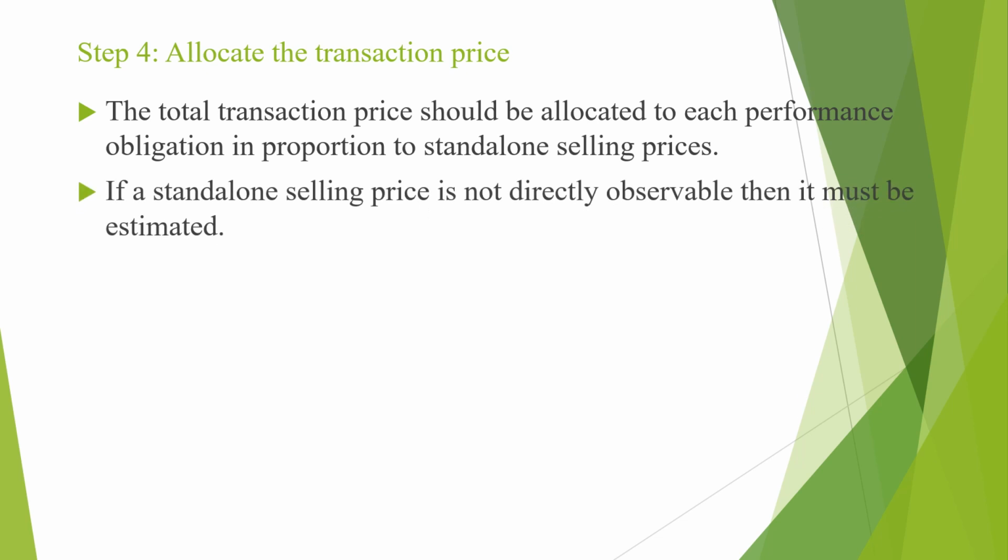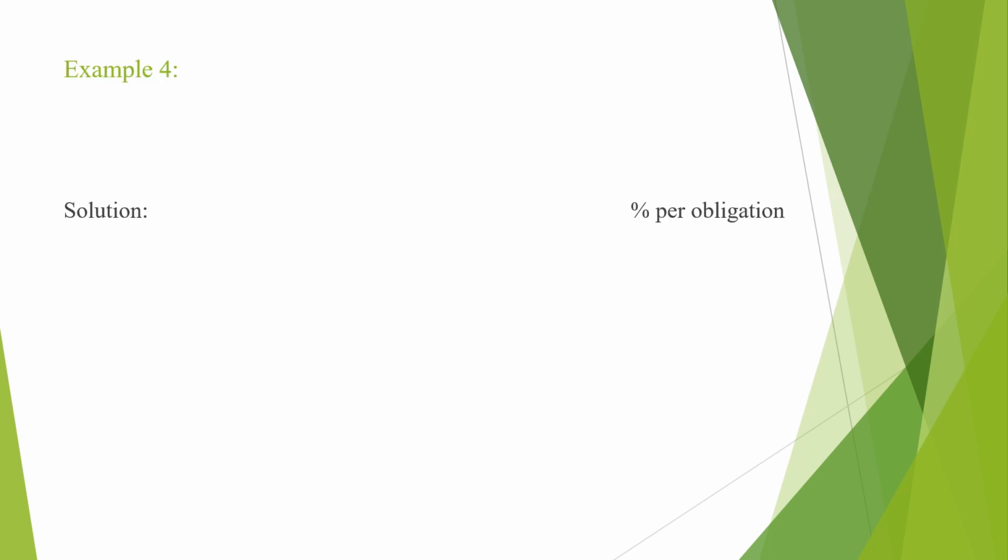If the standalone selling price is not directly observable or possible to find out, then it must be estimated. But you need to allocate the transaction price between different performance obligations.